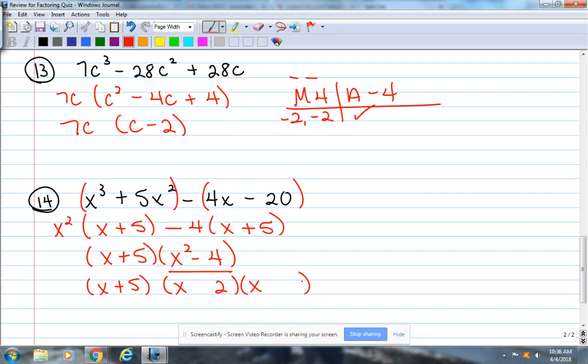Put it in the back. And what goes in the middle of a difference of squares? Plus and a minus. And now that one's done. So factor completely means factor it till it can't be factored anymore. Most of these are trinomials, I ain't gonna lie. So are there any questions before we start our quiz? I'm gonna stop the recording now.